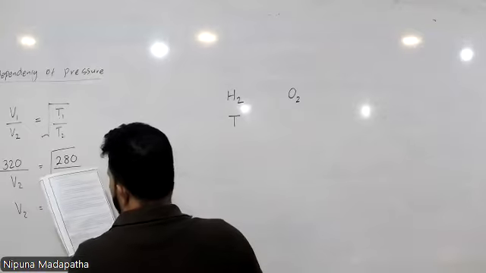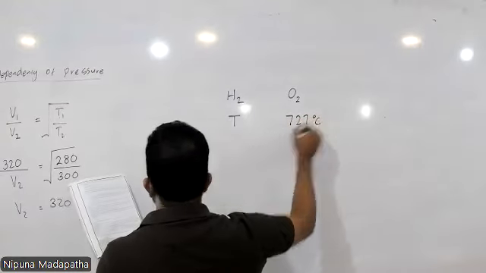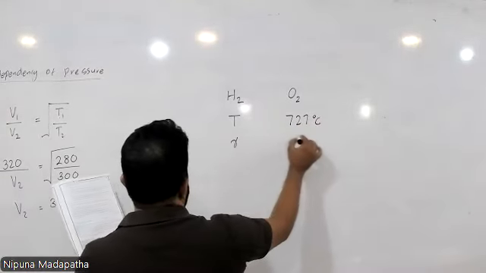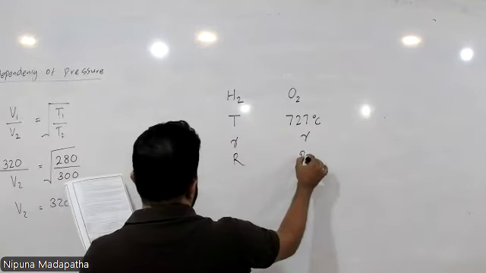Let's take the temperature as T. Temperature of the O2 is 727. The value of gamma is the same. R is the same for both.